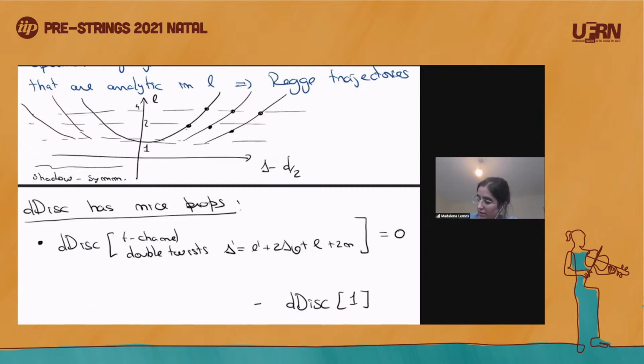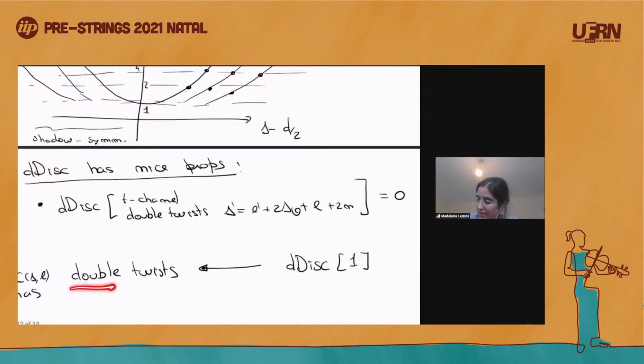And this gives, as you can predict, the double twists, just like the light cone bootstrap. And the double twists are there, but they don't contribute. So I should have written here plus the double twists, but in the end they drop out because of double discontinuity, and I just need to know the identity and I recover everything.